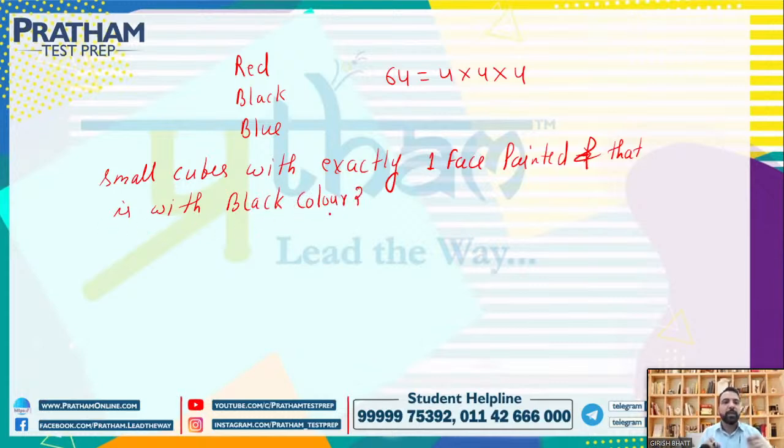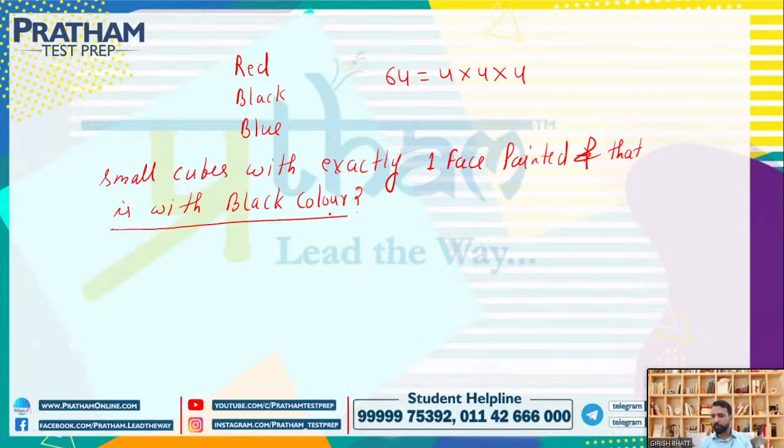Small cubes with exactly one face painted and that is with black color only. Yes, what is the final answer for the same question? 2 opposite faces are painted red, 2 opposite faces are painted black, and 2 opposite faces are painted blue. And the cube can be cut into 64 small equal and identical pieces. How many small cubes are there whose exactly one face is painted and that should be painted with black color only? Yes, try to answer.